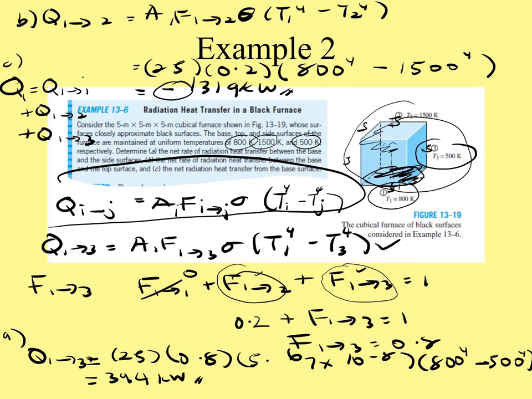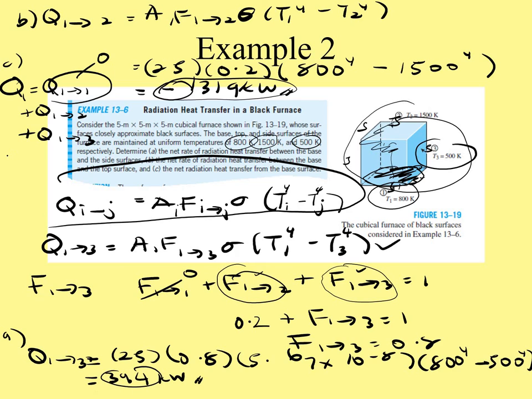For the first one, because there is no heat transfer from surface 1 to itself, this one is 0. So for Q1 to 2 you take this value, and for Q1 to 3 you take this value.